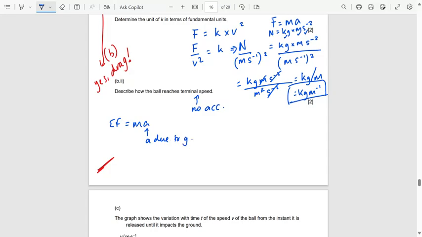However, if that acceleration drops to 0, there must be an equal and opposite force. When a is 0, F is 0, therefore there must be a build-up of an opposing force.